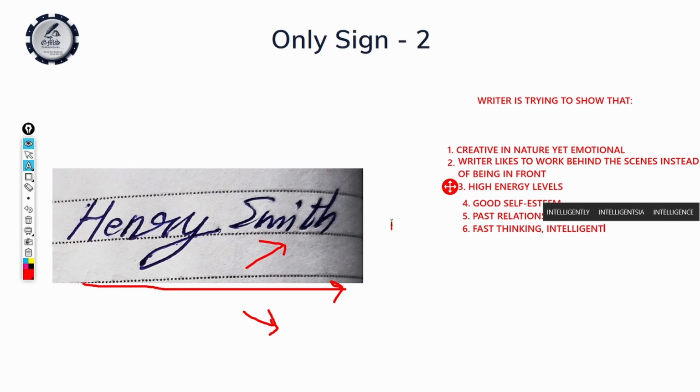What else can you find? Negative trait, or you can say advice you can give the writer, is to put an underline below their name. It is good, at least one underline, not two, not three. So one underline should be added.